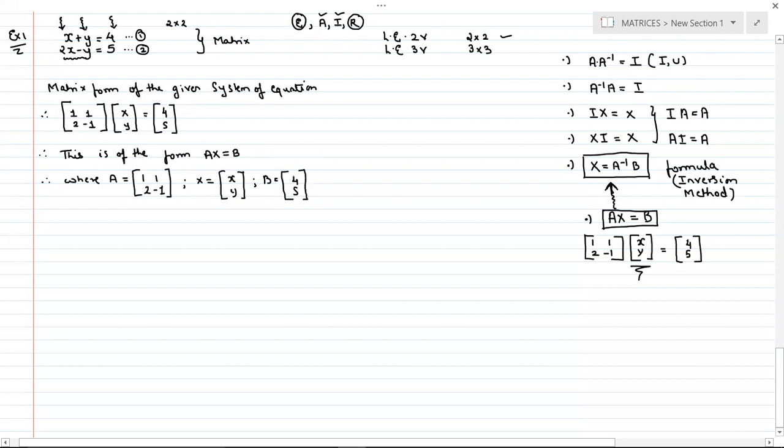This is the initial step for the inversion method. So first you will convert the linear equation into matrix form.